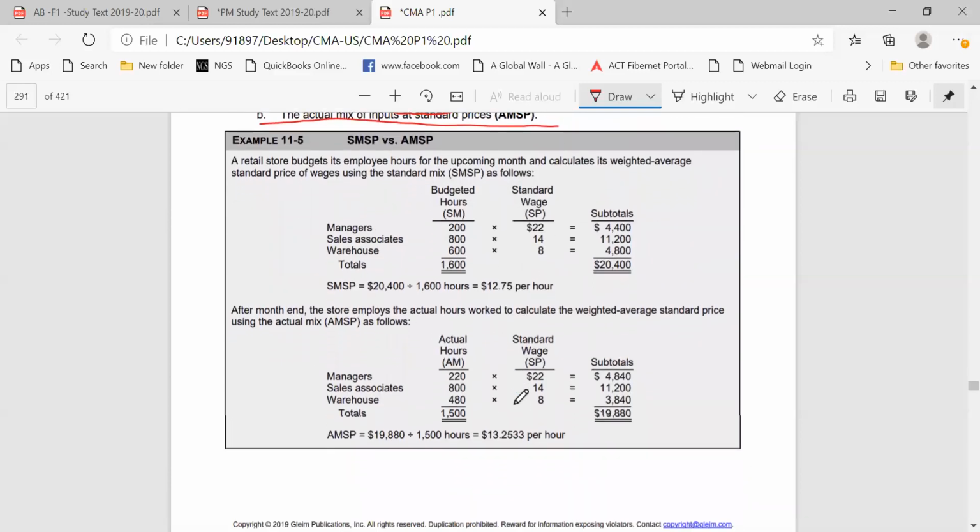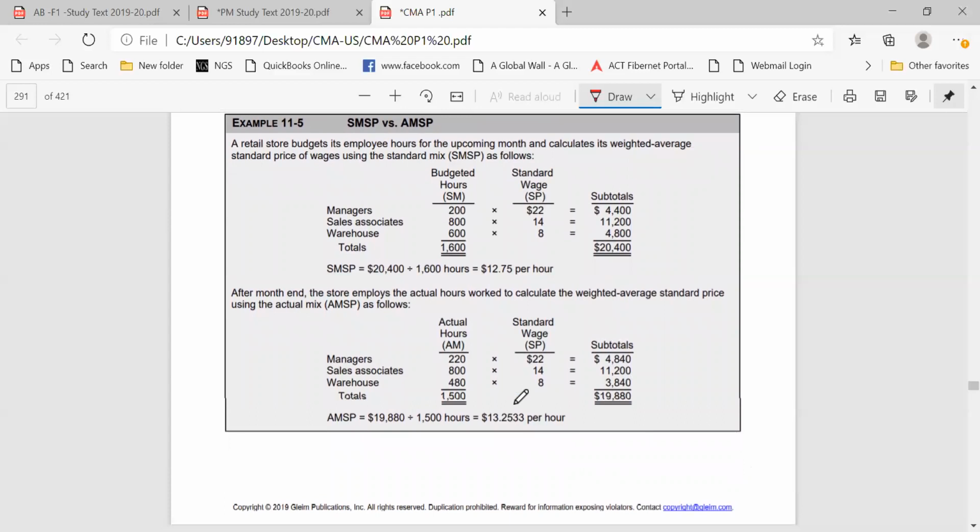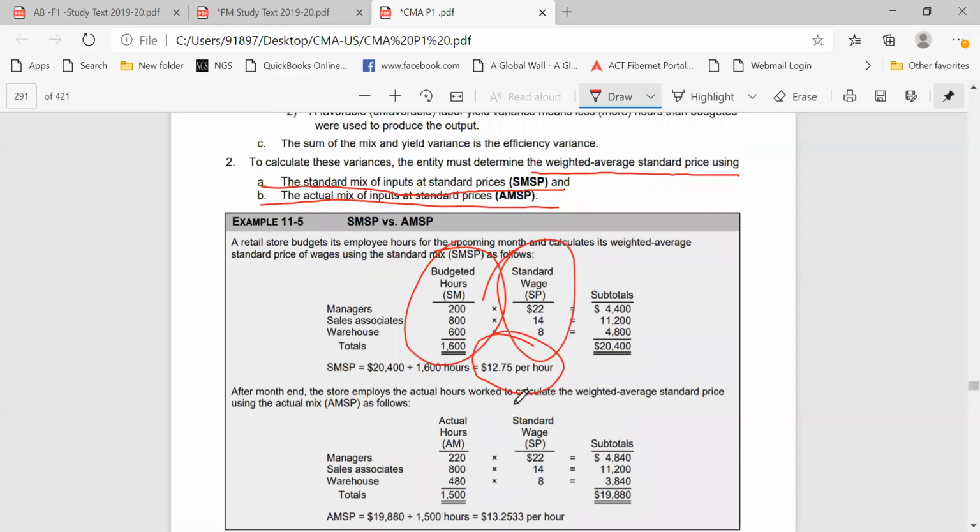Now, how do we do that? You can see here budgeted hours are given, for different types. Then there is the standard wage rate which is given. When we have this, we total this: 20,400 divided by 1600 hours. What have we got? Standard mix of standard prices, 12.75 per hour.